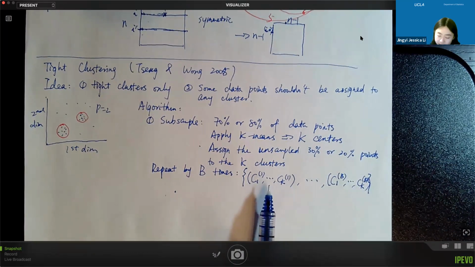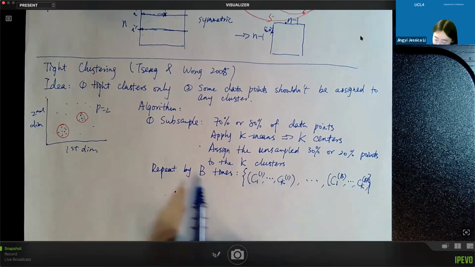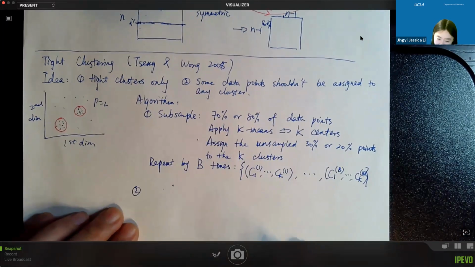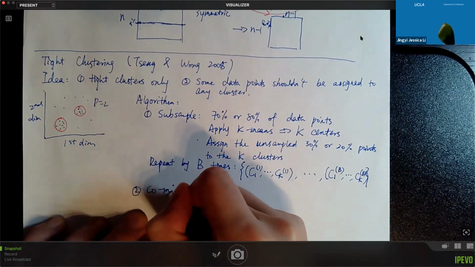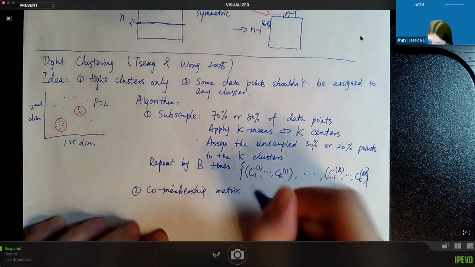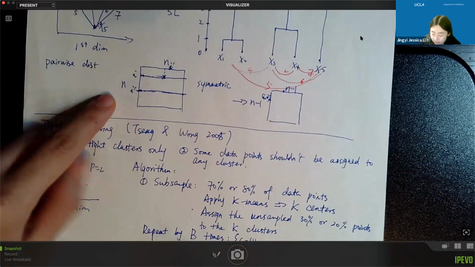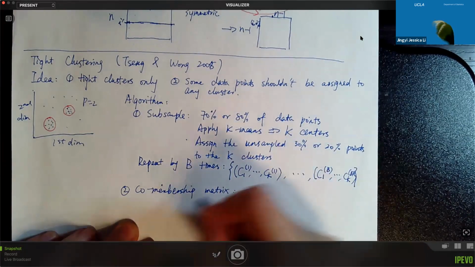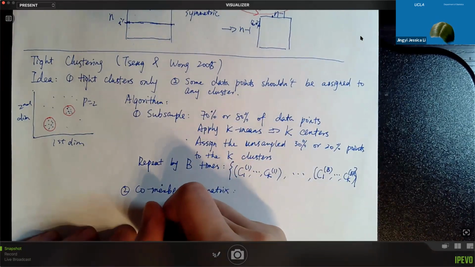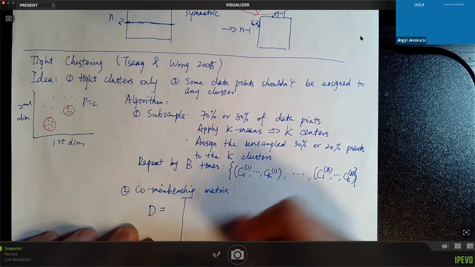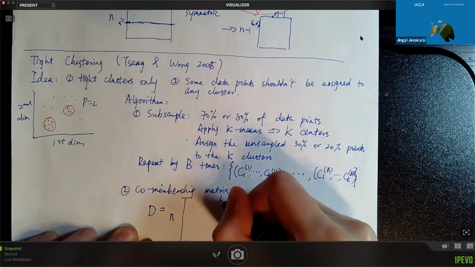So then I want to assess how stable these capital B cluster results are. So I want to construct something I call a co-membership matrix. This will be an n by n matrix, just as our pairwise distance matrix. So I call that capital D. It's an n by n matrix, and it's symmetric.